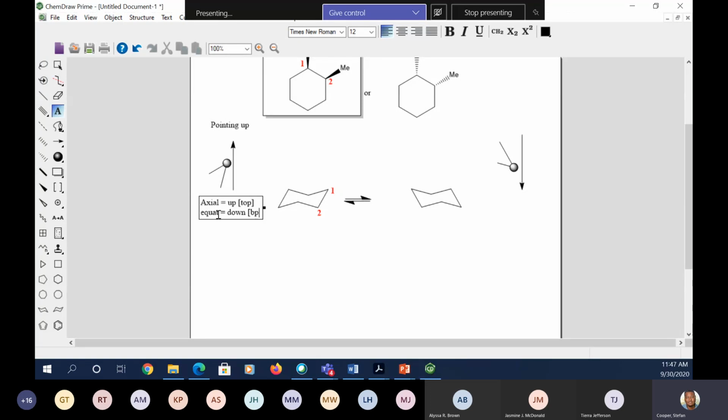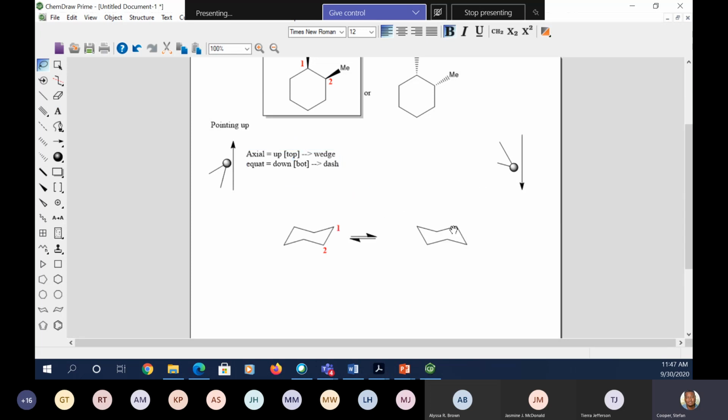That also means dash, right? So maybe I should write that in here. This is dash. Wedge, right? So this is what you guys want to get kind of comfortable with when I look at these chair conformations. If the carbon is pointing up, then the straight line up will be for the top. And equatorial will just mean the bottom. If my carbon is pointing down, like this one right here, right?